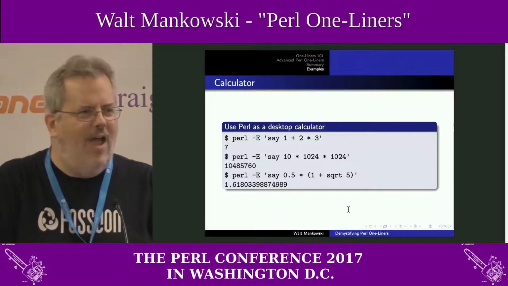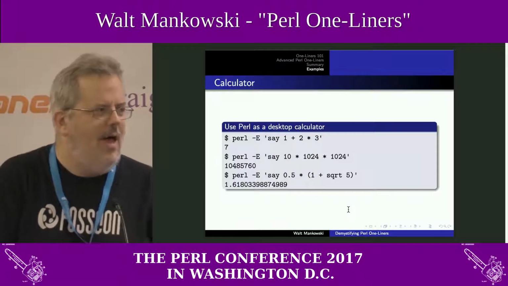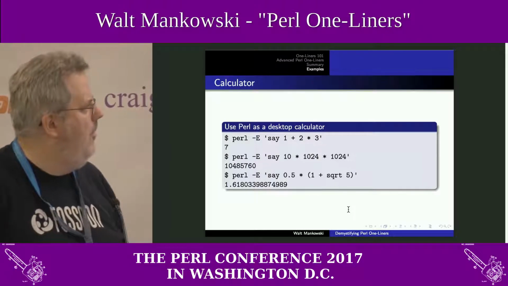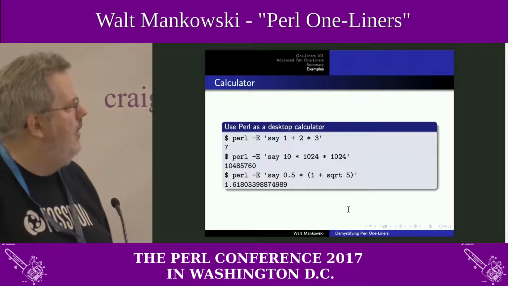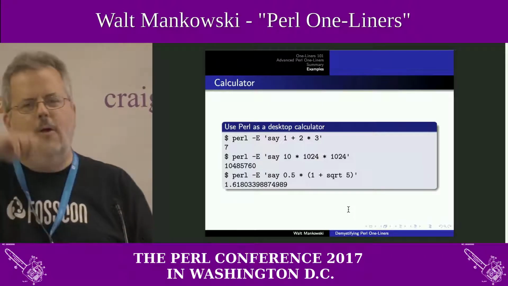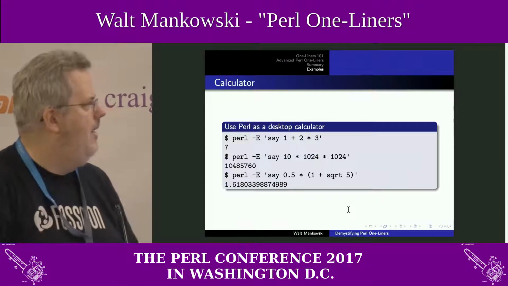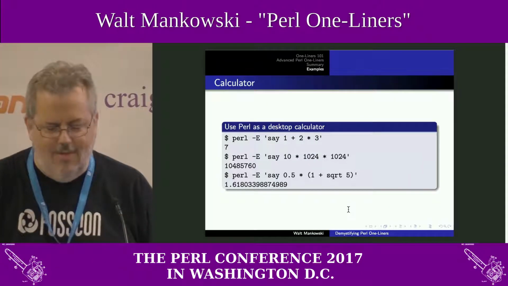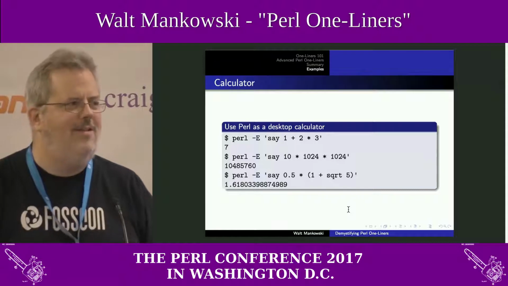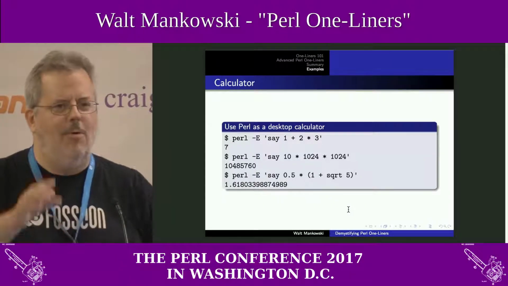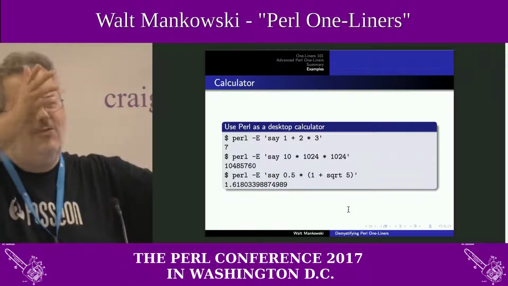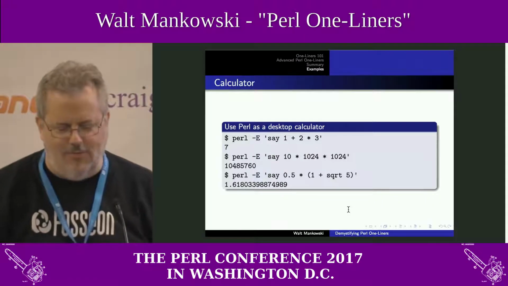It truncates fractions, like decimals or something. I don't know. I'm used to how math works in Perl. It's simple enough to do this, especially if you say -E. So it's like perl -E 'say' and then a mathematical expression, it will print it out. I use this all the time. Even for 5 years as a MATLAB programmer, where I had a REPL that could do the same thing, I still ended up using Perl to do this.